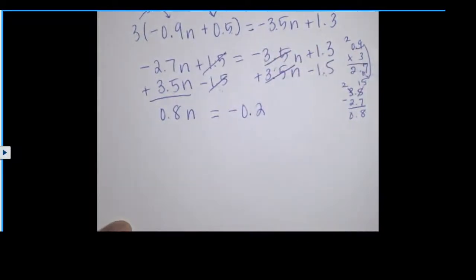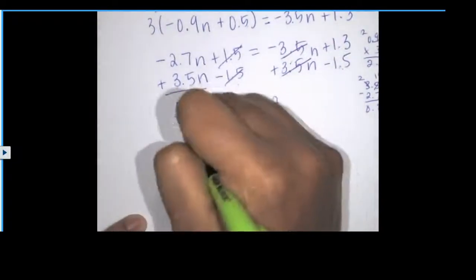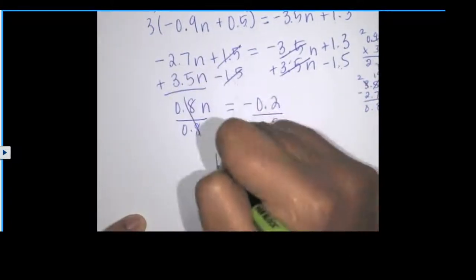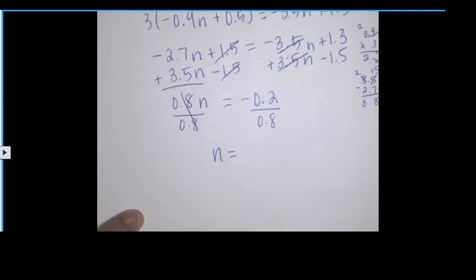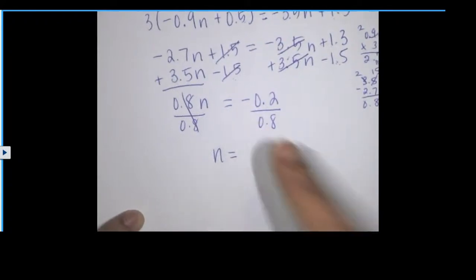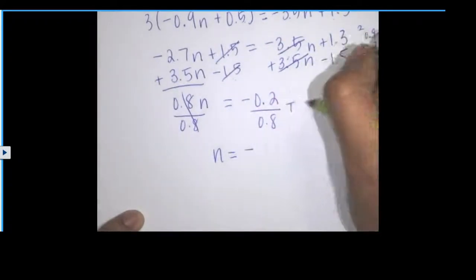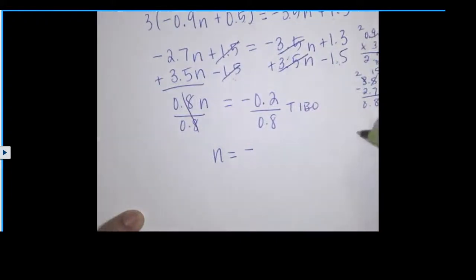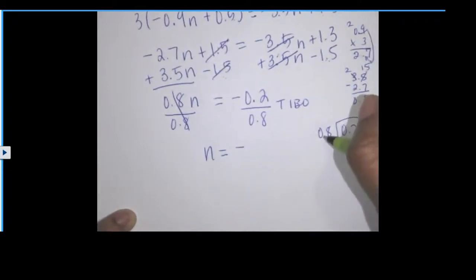Okay, so now we're going to divide by our 8/10 to both sides. So n is equal to, now I already know that a negative divided by a positive is a negative, and I'm going to do my T-bow. So I'm going to do my 0.2 being divided by 0.8, and I'm going to swing 1 time here, swing 1 time here, and then I'm going to rewrite.